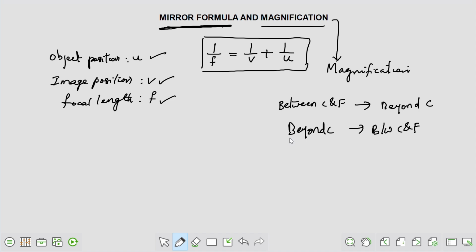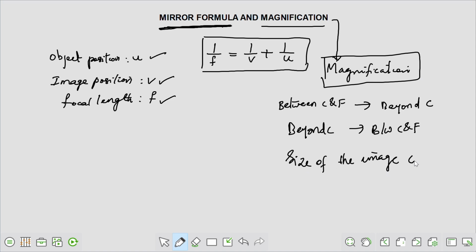That is what we call magnification: size of the image compared to size of the object. This is the meaning. It can be magnified, it can be diminished, or it can be the same size. That is the meaning of magnification.